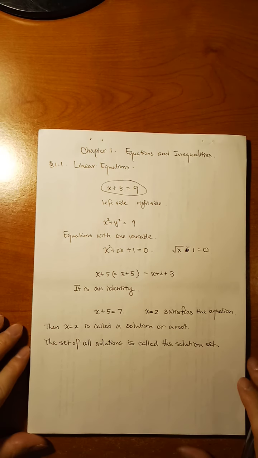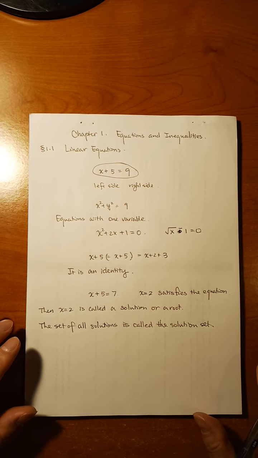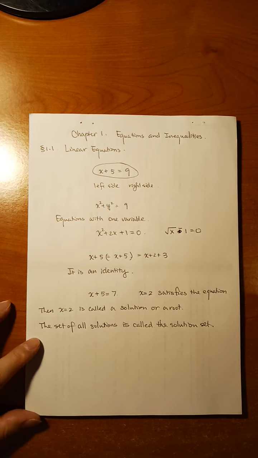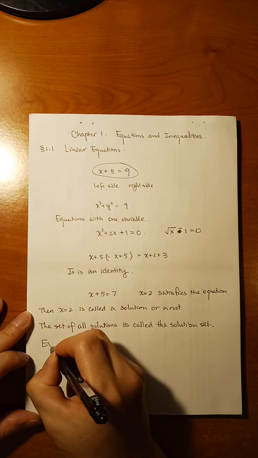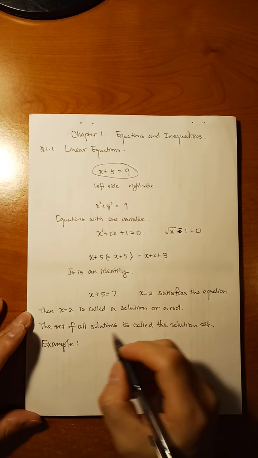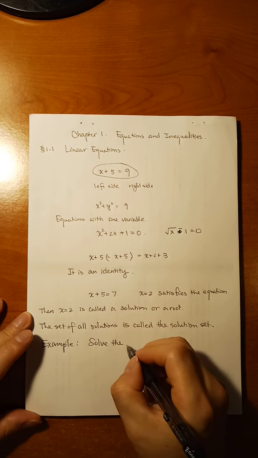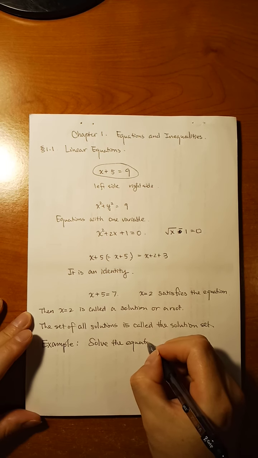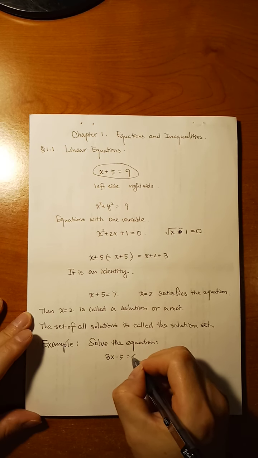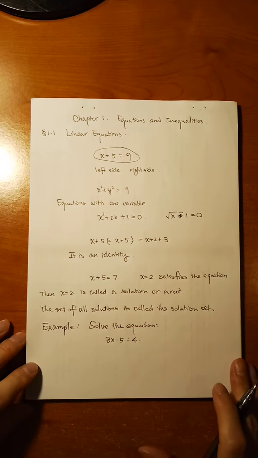We only discussed the simplest equation so far. We only studied the linear equation. Linear equation, we solve it by example. How do we solve the linear equation? In order to solve it, we will do the following strategy.